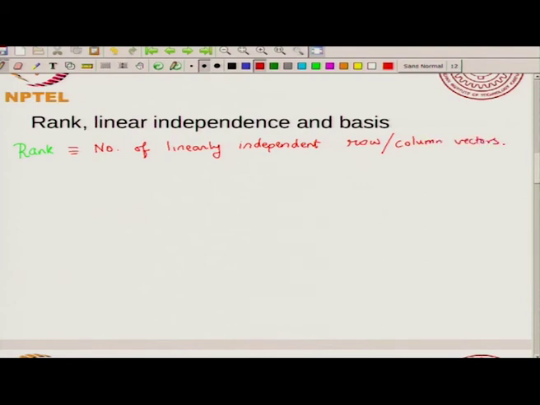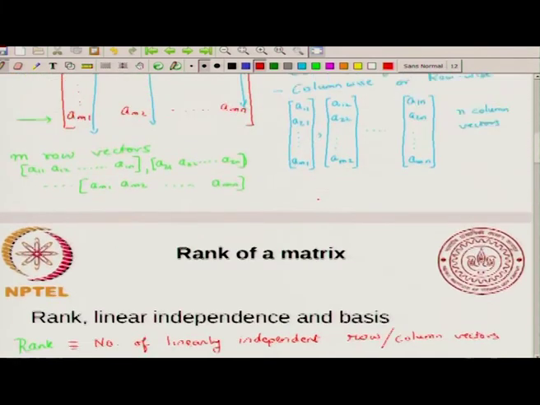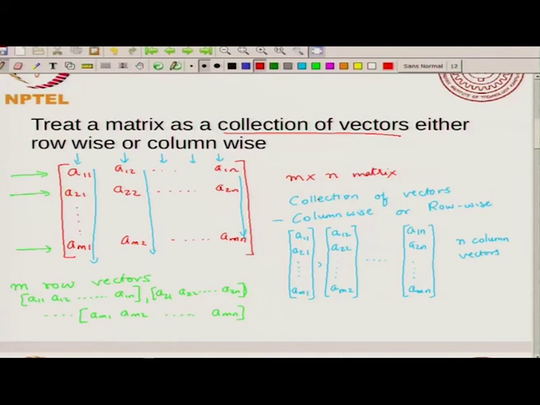So if you want to find the rank of a matrix, what you do is you think of this matrix either as a collection of n column vectors, or you can think of it as a collection of m row vectors. Okay. Then of these, so suppose you are thinking about it as n column vectors, then you can ask the question, how many of these column vectors are linearly independent. Okay. So you will have some number which is less than n, okay, as a rank of a matrix.